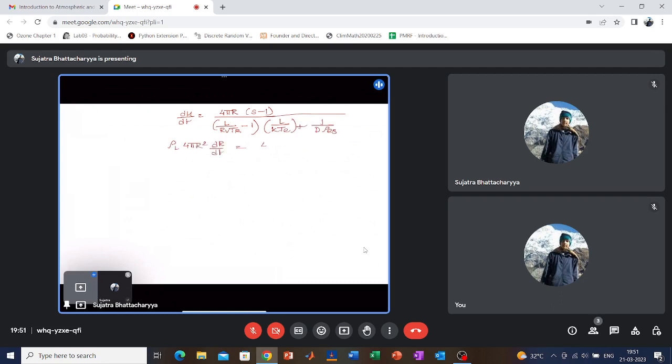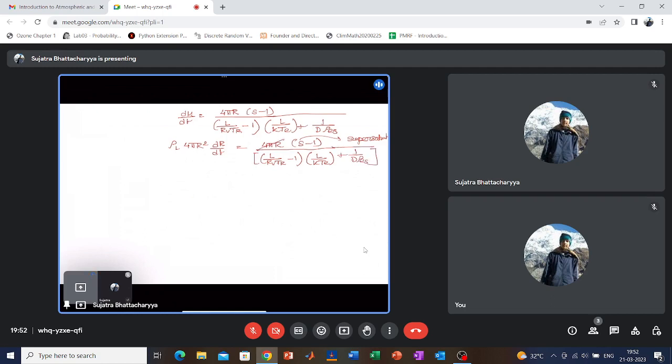That is 4 pi r, S minus 1, supersaturation, which is more than 100% humidity. And in the denominator we have L by RV TR minus 1, and you have L by KTE plus 1 by d rho es. Fine.